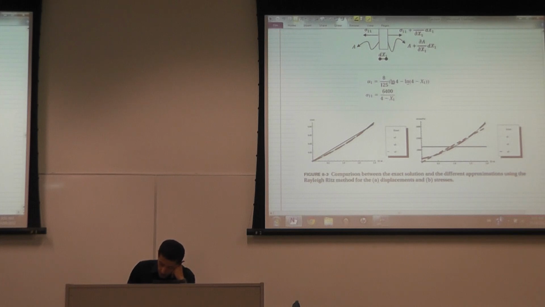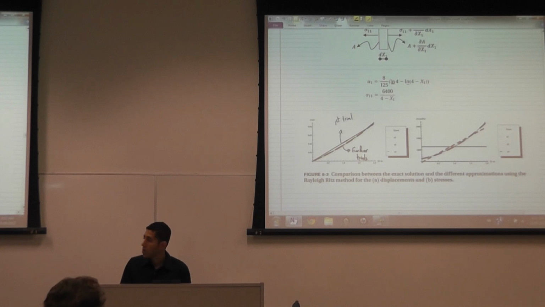And notice the following. If I assume a linear displacement, this is the first trial. Further trials. Now this is exactly what you do in the finite element analysis. What happens here is that your first trial displacement, which is this linear function, when the displacement is linear, what is the strain?